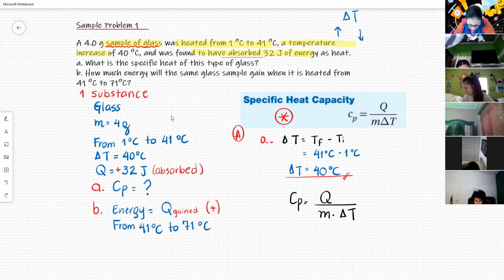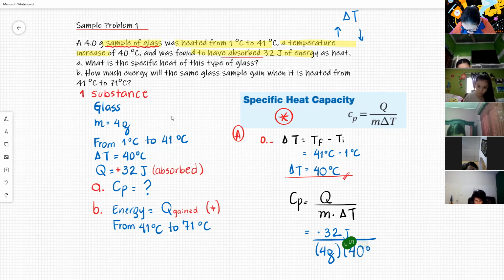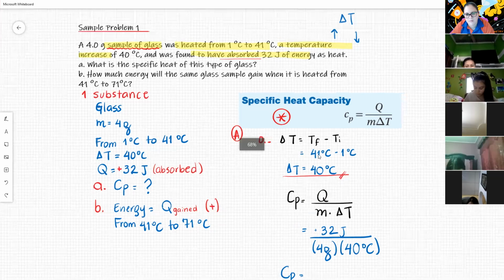Just plug in the givens. You have Q, that is energy, to be positive 32 joules, divided by the mass, which is 4 grams, and multiply times delta T that we got in the step before, that is 40 degrees Celsius. How much is this? 0.2.